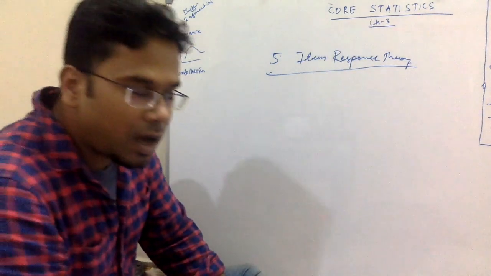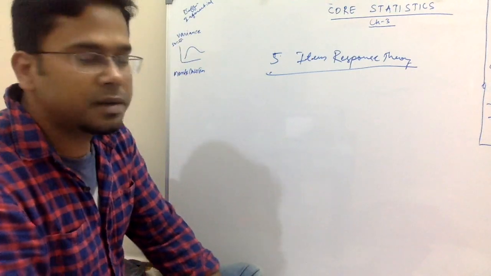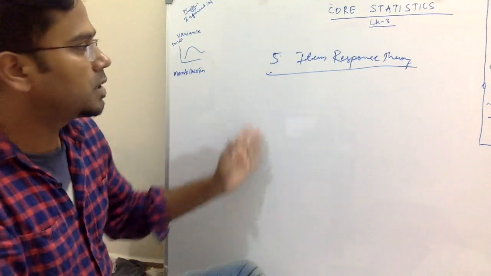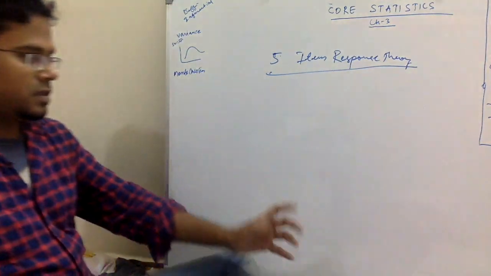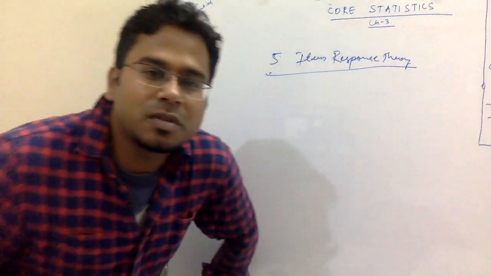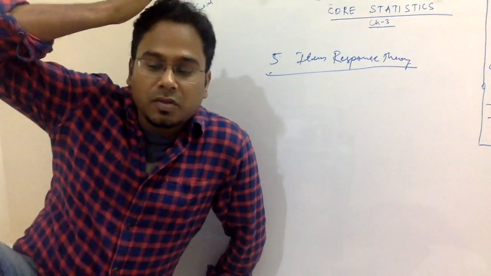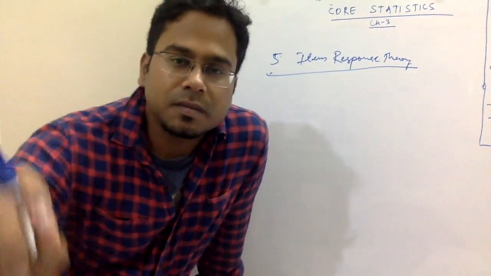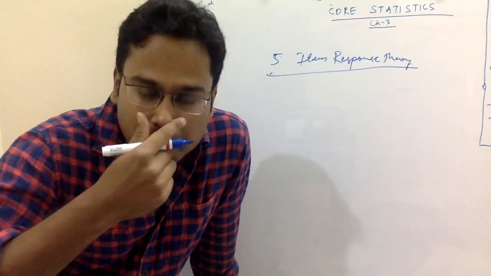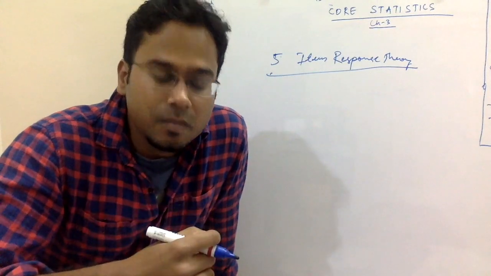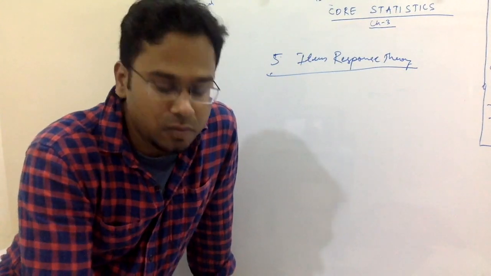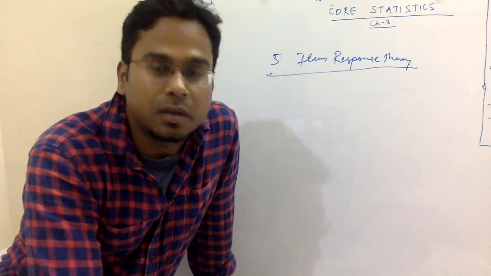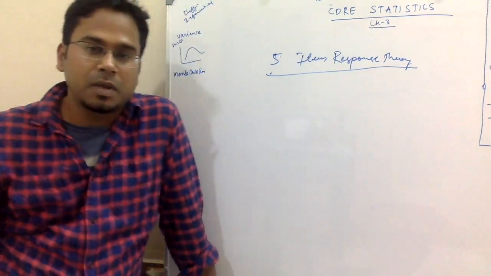So in general, how is a test? If you have given any entrance examination, let's say civil services, many of you must have given the prelims. So every item has equal marks, right? But item response theory actually tells that is not the best way to find out the results of an exam.